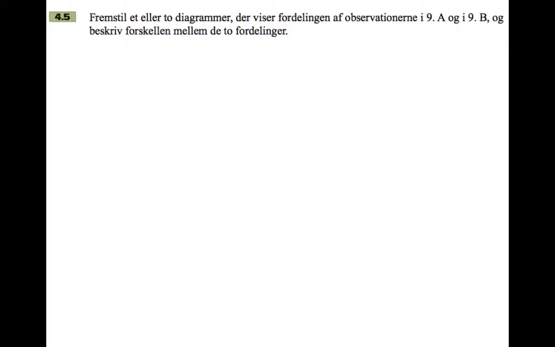4.5, you have to do two diagrams that show the distribution of the observations 9A, 9B, and describe the differences between the two distributions. This is a classic case for a box plot where you've got two data sets with similar types of data.